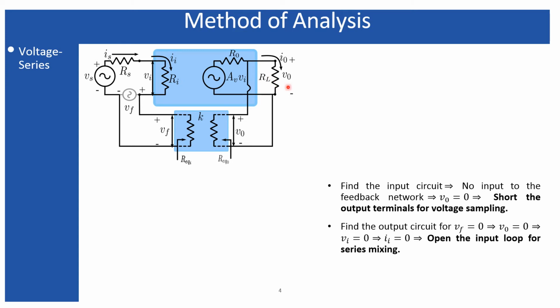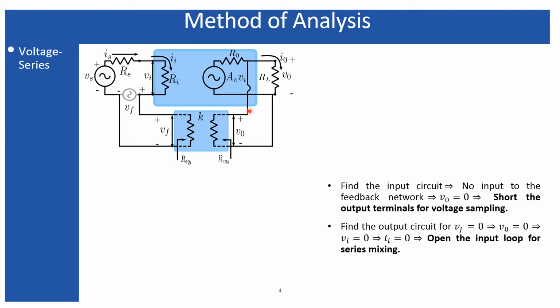In order to find the output impedance, I had to make all the inputs zero. So here also, since I'm going to find the equivalent impedance looking from this terminal, and that should be incorporated into the input section of the base amplifier, I have to consider that any voltage being considered as the input to the feedback network must be zero.